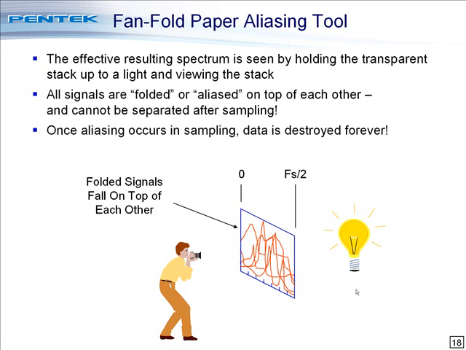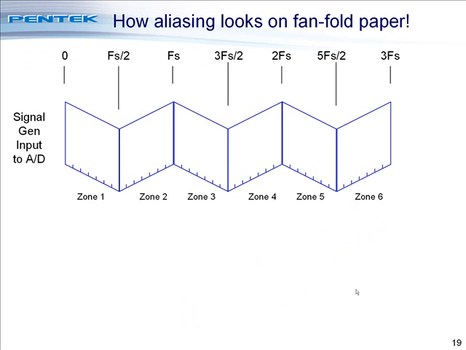So let's see, for example, how aliasing looks for a signal that's increasing from 0. In order to do this experiment, it gives you a really good feel for how this works. We're going to connect a signal generator to an A to D converter.